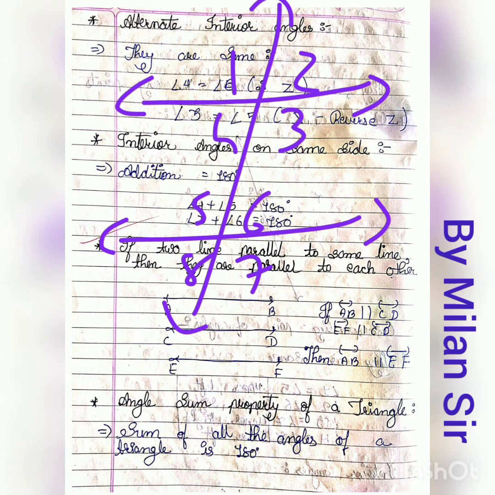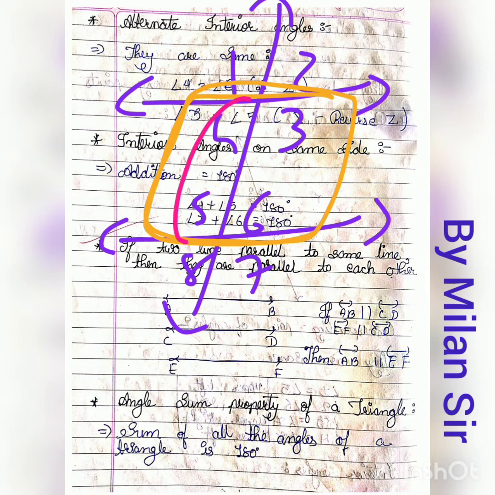First of all, we need to talk about the interior angles, because it is written interior angles on the same side of the transversal. So first of all, we need to consider the interior angles only. So these four are the interior angles.